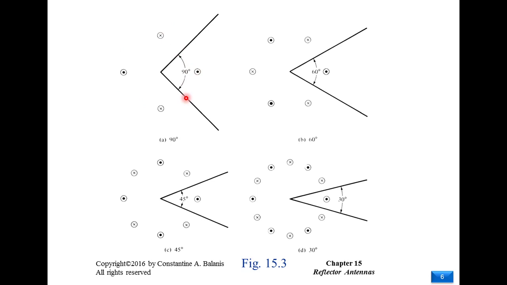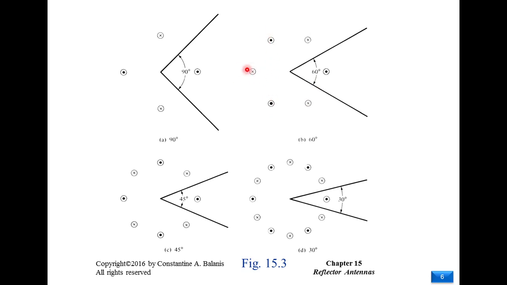If we have a different angle like a 60-degree reflector, you will discover from image theory that you need 6 elements or 5 images. The first one is opposite, then we need to correct for this, so we add one here, and we need to correct for this.